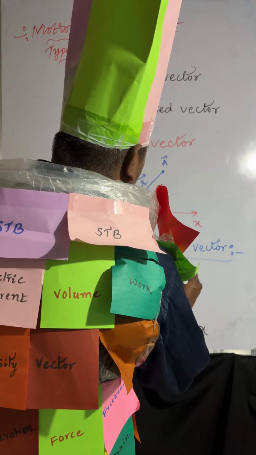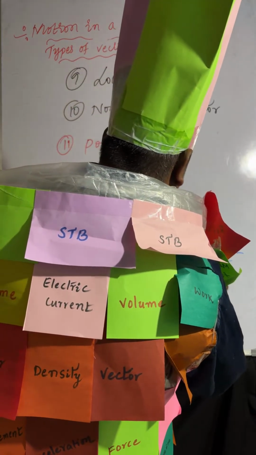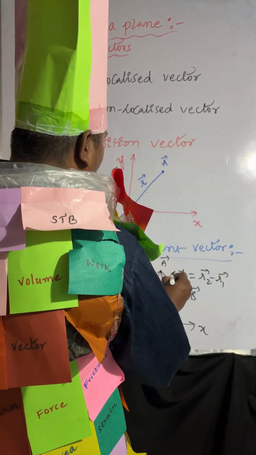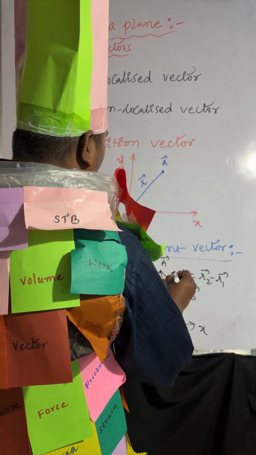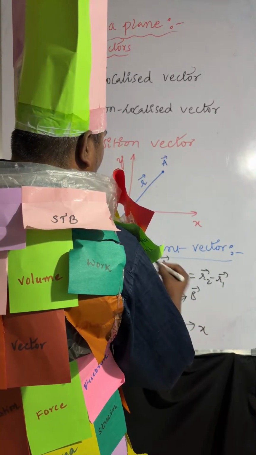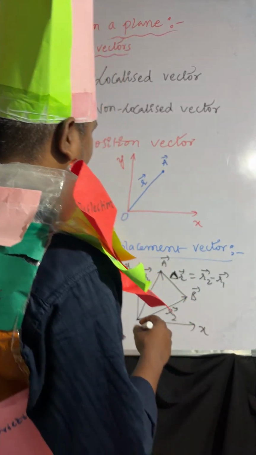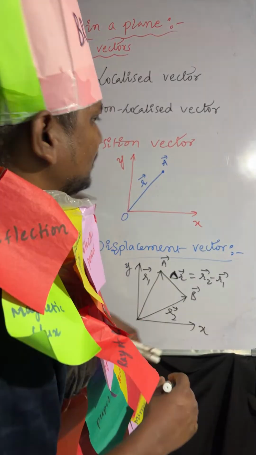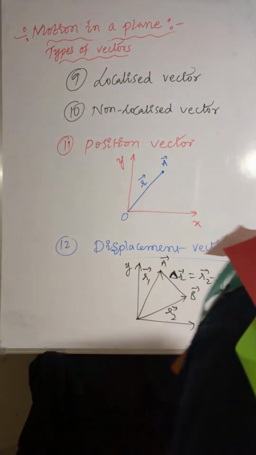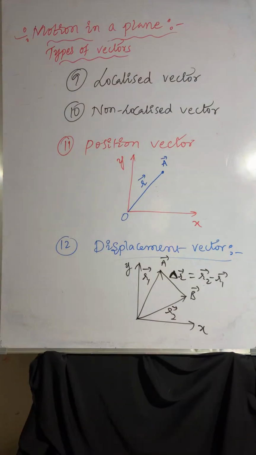This is the displacement vector, which is nothing but R2 bar minus R1 bar. That is the displacement vector. Understood? With respect to coordinate axis, we are representing the vector. So that's why it is called a displacement vector. Localized vector, non-localized vector, position vector, displacement vector. Okay. So next one.